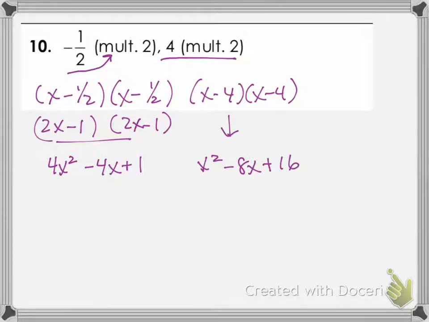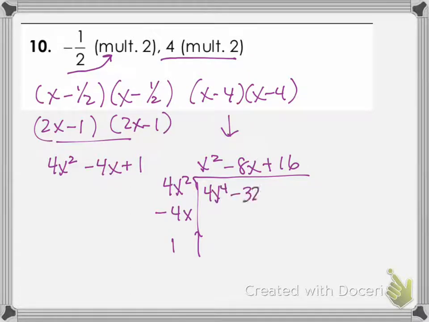Now we're going to do box method with 3 by 3. So 4x squared, negative 4x, and 1. All right, that would be 4x to the 4th minus 32x cubed plus 64x squared. And negative 4x cubed plus 32x squared.